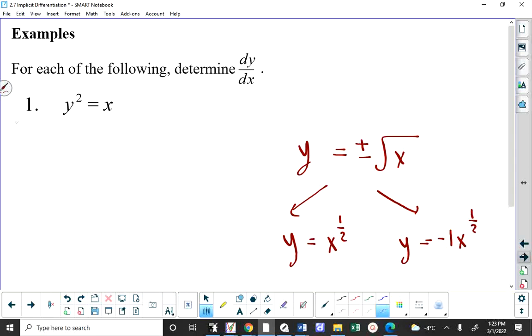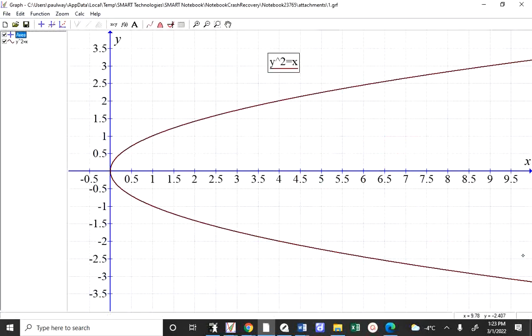And if you have two different functions creating a single function, and this is kind of a Math 30 thing, you're going to have something that's not a function. To show you the graph of this, this is a parabola laying on its side. So it's not possible to rearrange this into a single y.